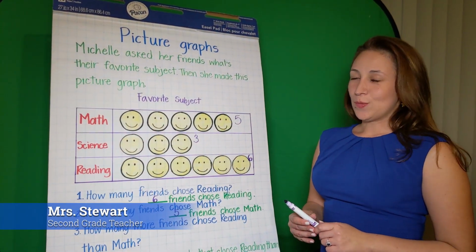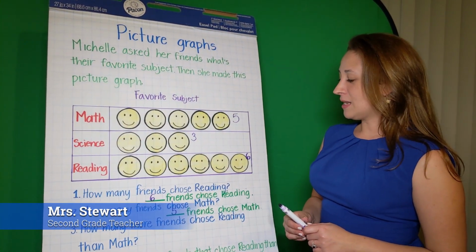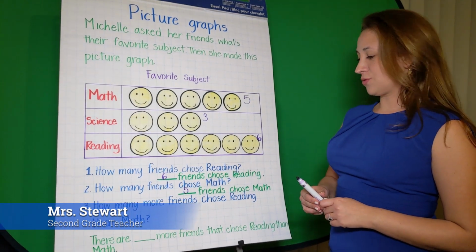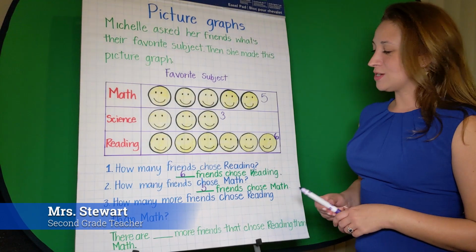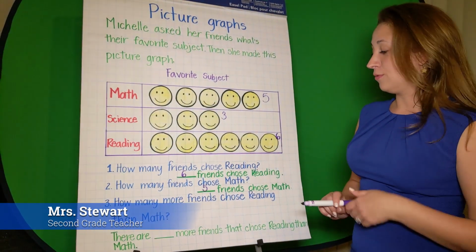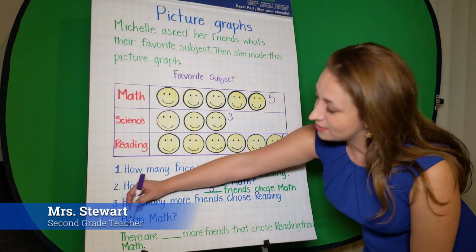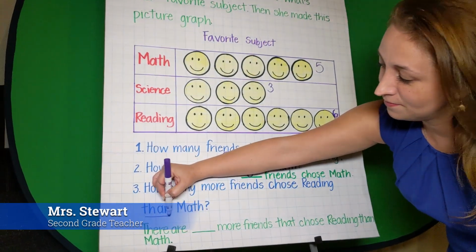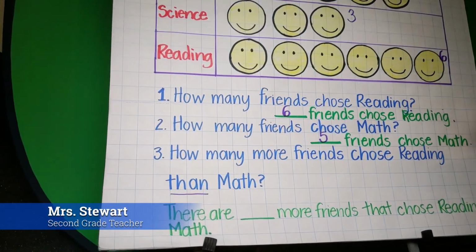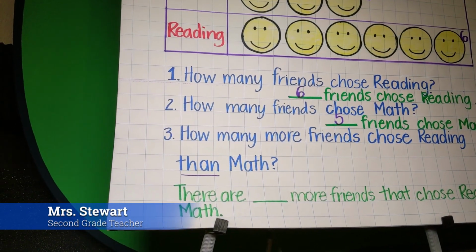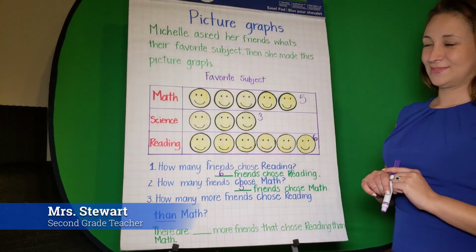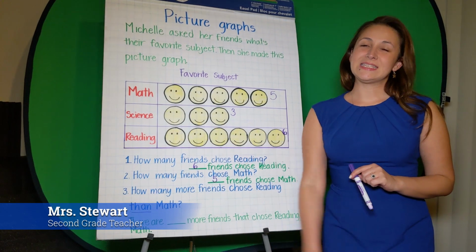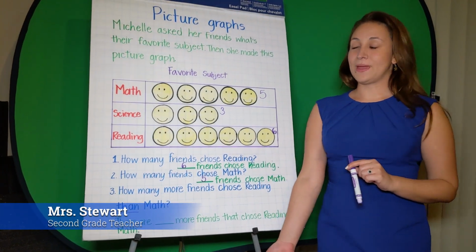Now our third question is, how many more friends chose reading than math? For this question, you need to be really careful because we have the word than. This word is telling us that we need to compare now.